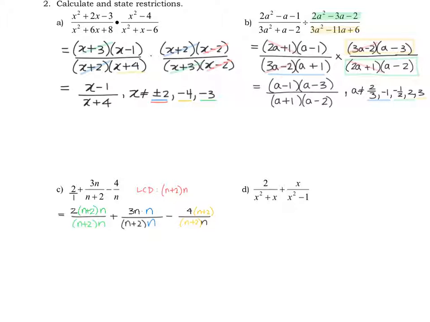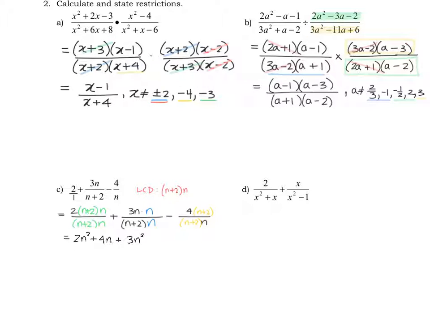Once I've rewritten my expression using my LCD, I can just expand my numerator and rewrite everything. I'm going to have 2n squared plus 4n plus 3n squared.